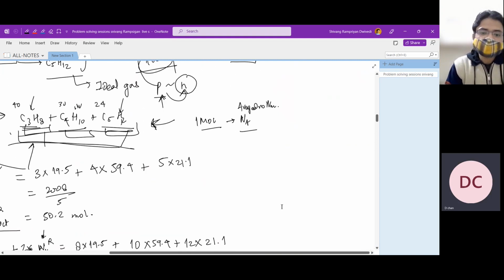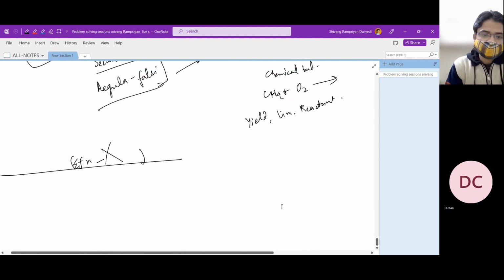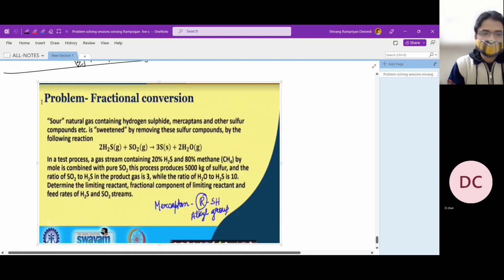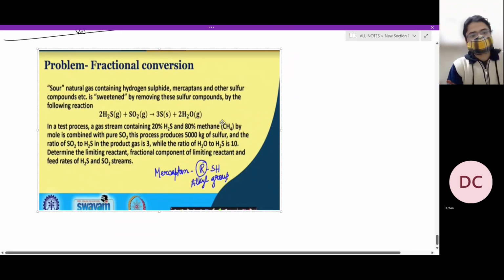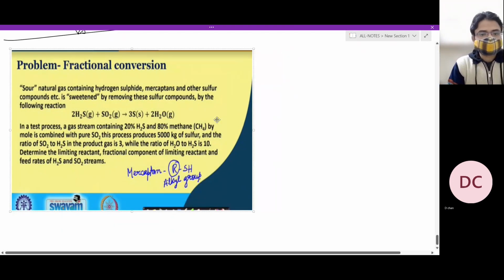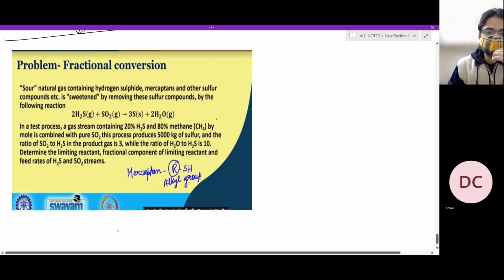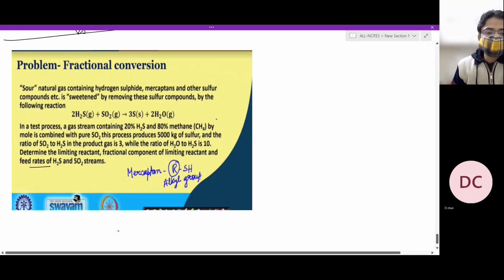I think this will take an entire eternity to reach there. We'll have to do something else. Yeah, perfect. I feel that this is a really good problem for understanding what's happening everywhere and how to identify limiting reactants and fractional components. So let's start.